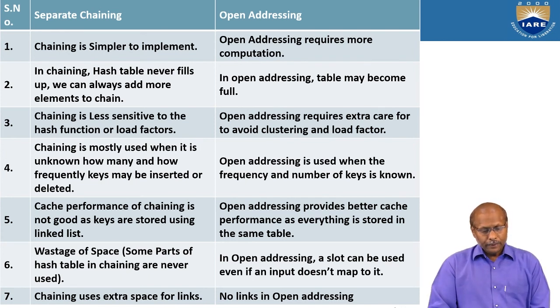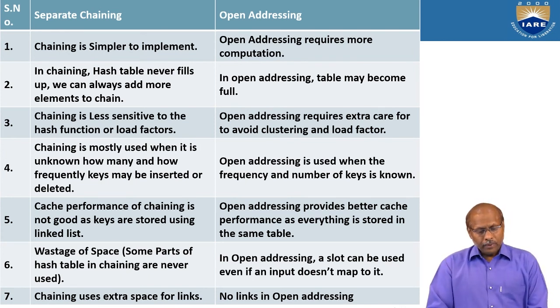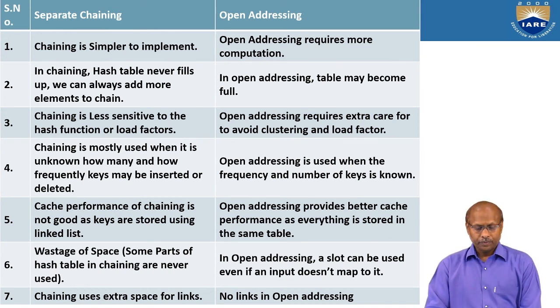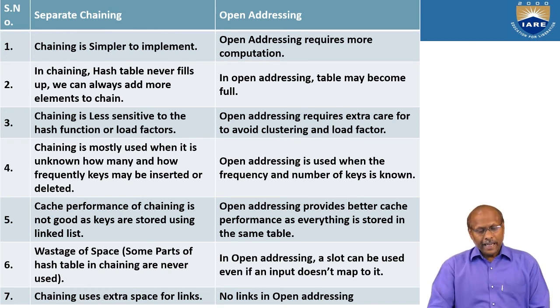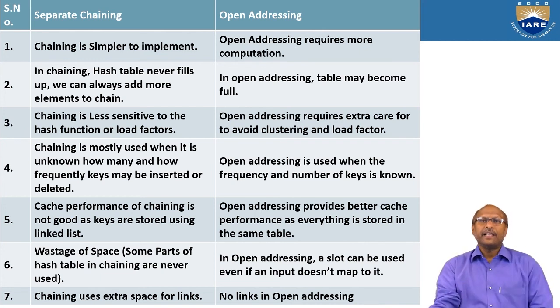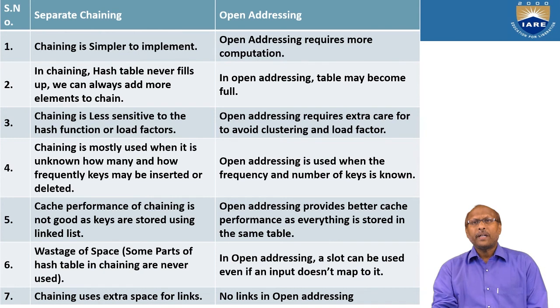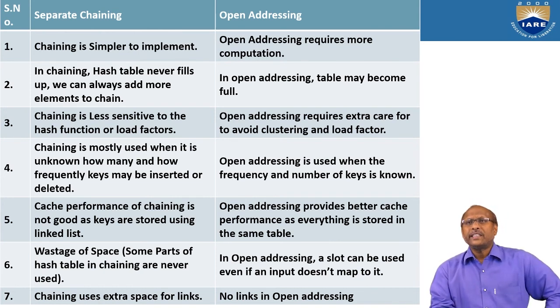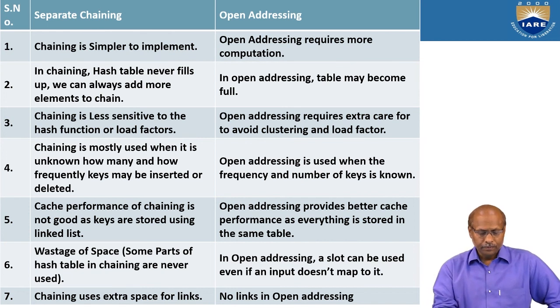The fourth difference: chaining is mostly used when the number of keys is not known, whereas open addressing is used when the frequency and number of keys are well known. The fifth difference is that the cache performance of chaining is not good as keys are stored using a linked list. Whereas open addressing provides better cache performance as everything is stored in the same table.